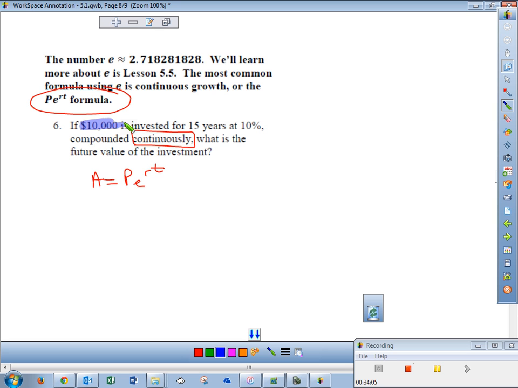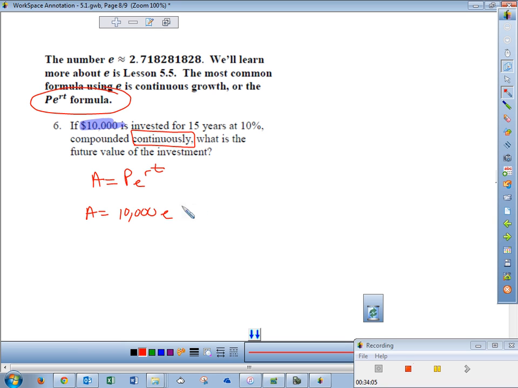What was that $10,000? The amount or the principal? Principal is how much you put in the bank. Was it the amount after you've earned interest, or is it the principal? It's the principal, right? So A equals 10 G's times E to the rate as a decimal.